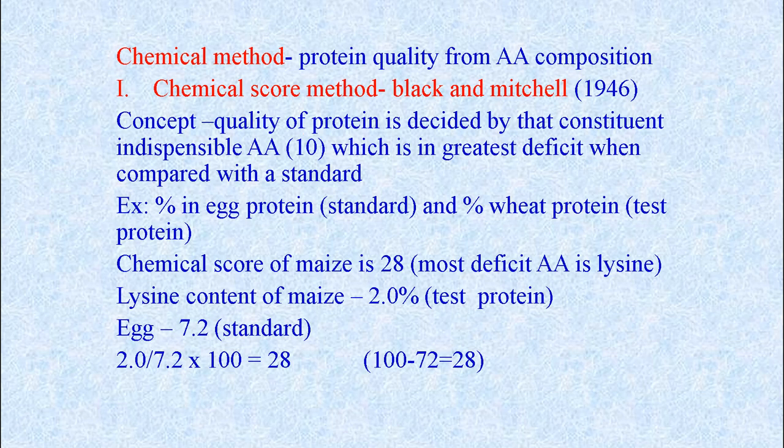So the chemical score is 2 divided by 7.2 into 100, which is equal to 28. So 100 minus 72 is also equivalent to 28. That's how it is derived by this particular formula.